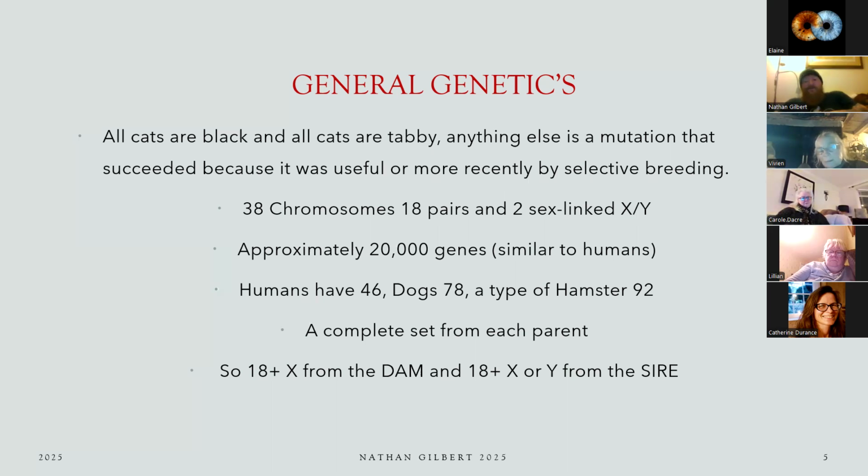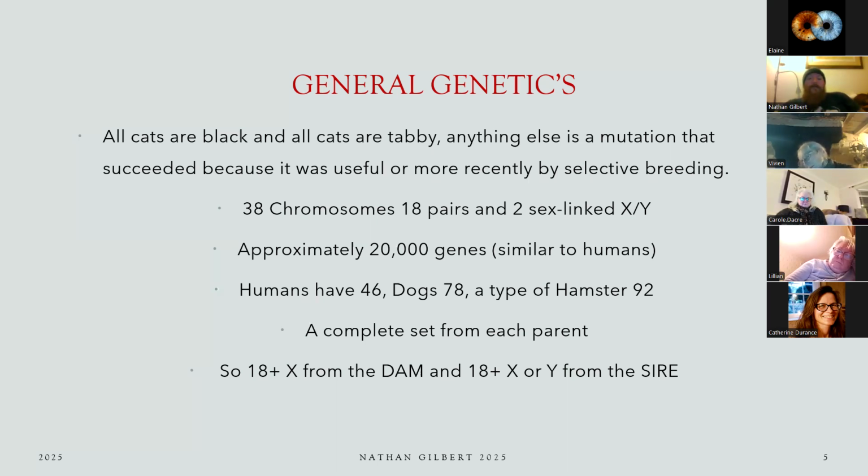The number of chromosomes you have doesn't demonstrate any degree of complexity or intelligence, because just as an example, we have 46, but dogs have 78, and there's a type of hamster that actually has 92 chromosomes. So there's no relevance really over how advanced you are and the number of chromosomes that you have.